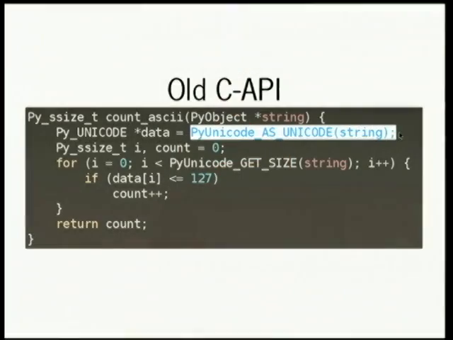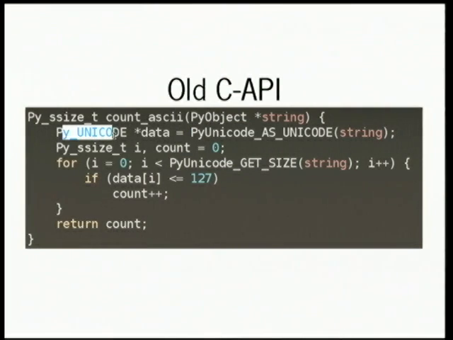Essentially, this macro here gives you access to the raw Unicode data buffer. And so Py_UNICODE will be a typedef to either a 16-bit integer or a 32-bit integer, depending on whether you have a narrow or wide build. And so this is a compile time choice in narrow versus wide builds.